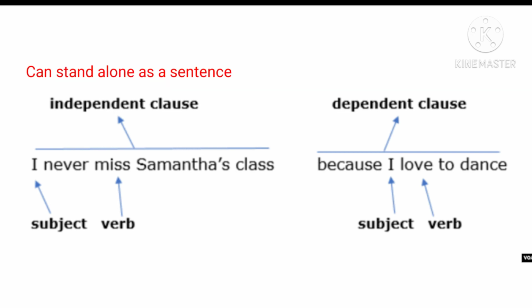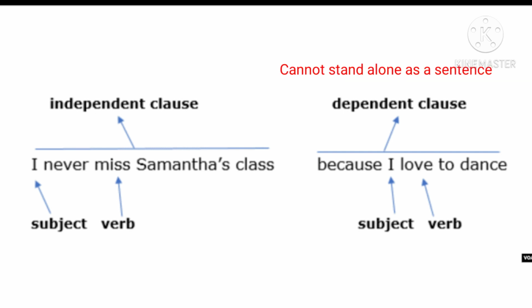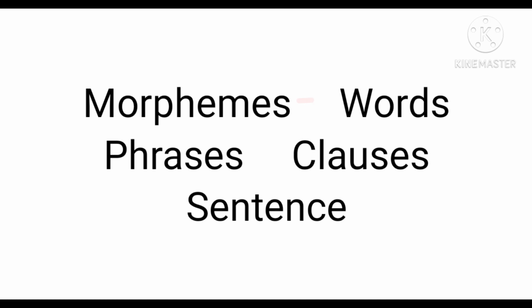An independent clause can stand alone as a sentence, and a dependent clause cannot stand alone as a sentence. So you can see that we study in order from morphemes to words to phrases to clauses to sentences. It helps you to understand sentence patterns in language.